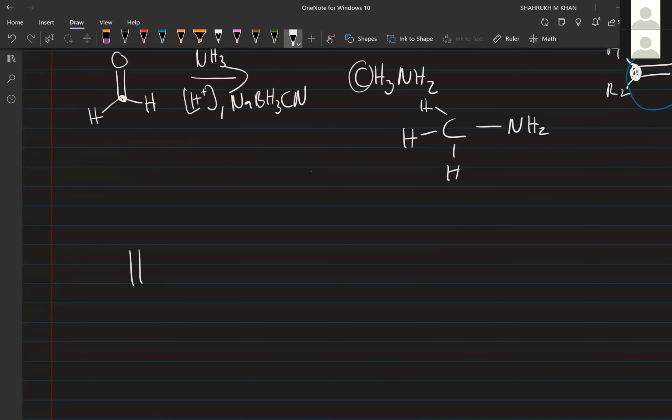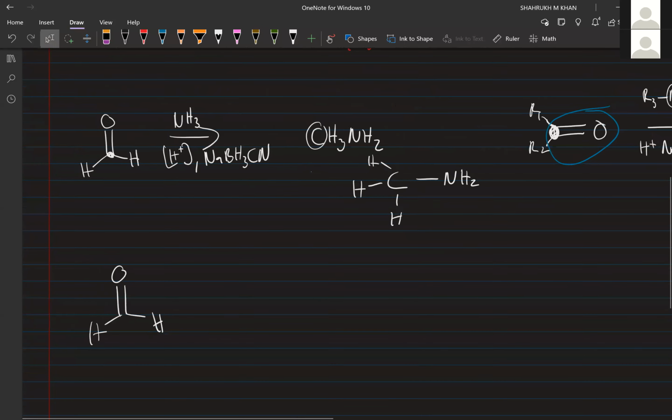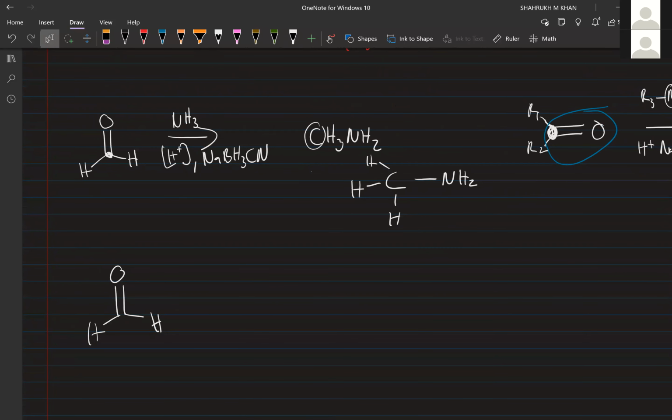Okay, so let's start with the mechanism. It should just be pretty simple. I'm going to protonate this first. I like doing it that way. I just hate creating the negative charges. That's really what it is.